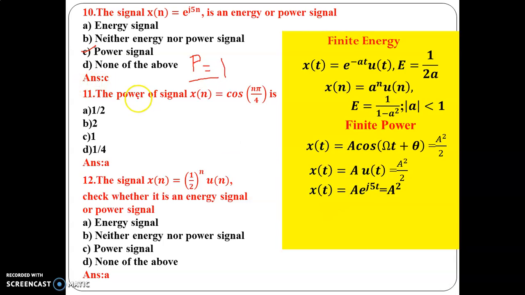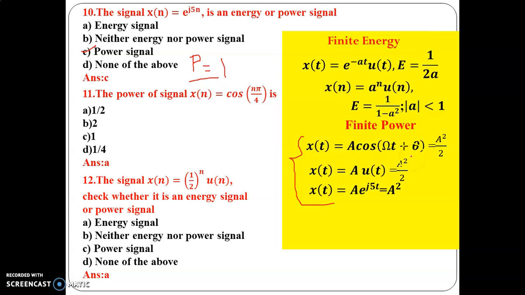Now, the next question is the power of signal x of n is equal to cos n pi by 4. This signal is somewhat related to this signal. This is discrete, this is continuous, right? By seeing the signal itself, we can say it is a power signal. Already I told you signals of this type have finite power.